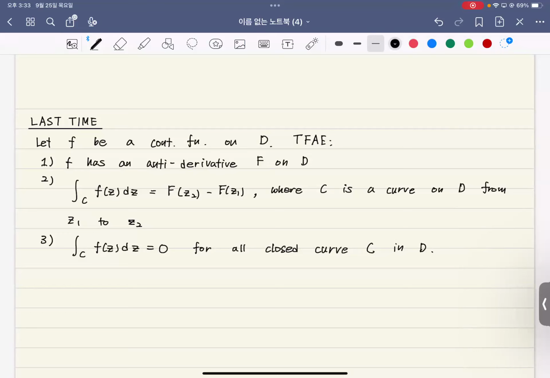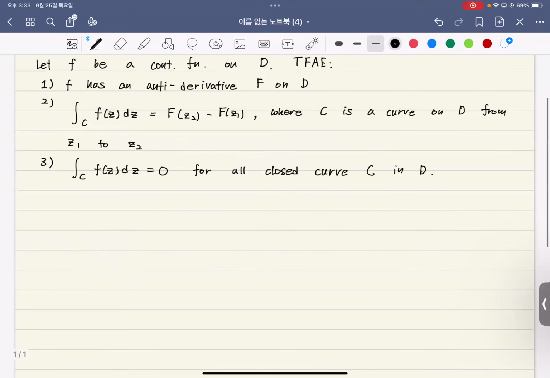All right. So let us work on a couple of exercises before we move on to the next section.